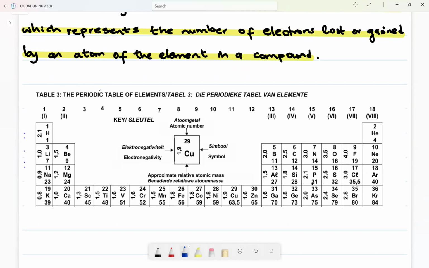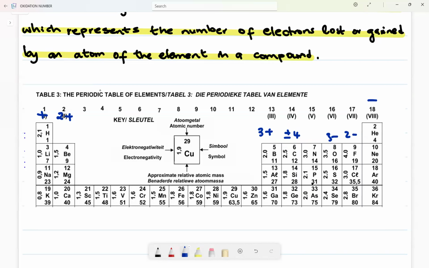Oxidation number is almost similar to valence electrons, if I still remember it very well. Here the group 1 is plus, then group 2 is 2 plus, and then group 3 is 3 plus, and then we skip this one, which is plus or minus 4. Then on the other side, minus, 2 minus, 3 minus, and I think this one is plus or minus 4, if I'm not mistaken.